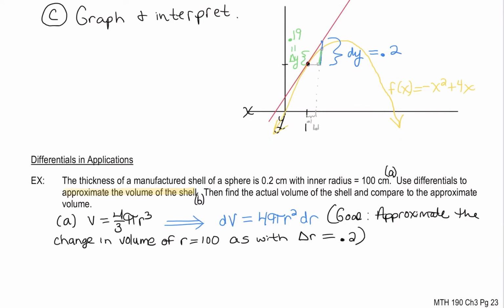Okay, so this would be another way to write this in slightly different language.